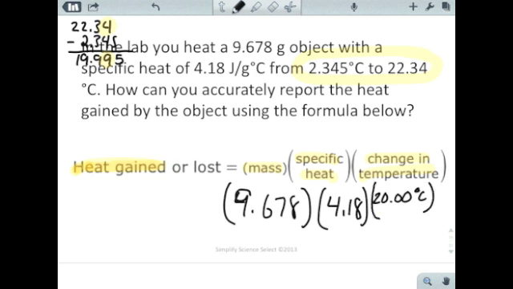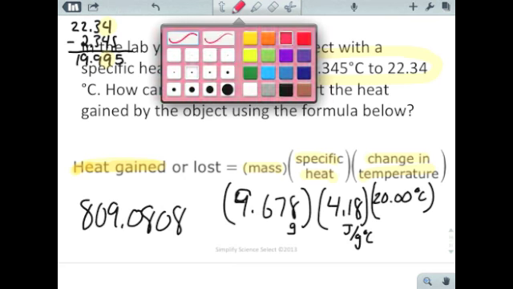And remember our units here, this is grams and this is joules per gram degrees Celsius. We multiply all this together, and now we're multiplying. So remember, the rule for multiplication is the least number of significant figures. When we're looking at this, our answer is going to end up being 809.0808.